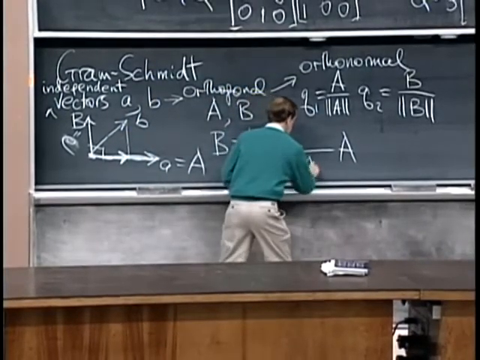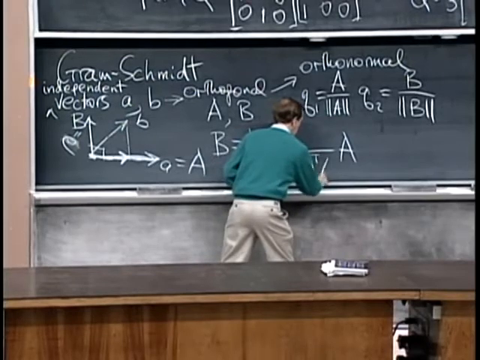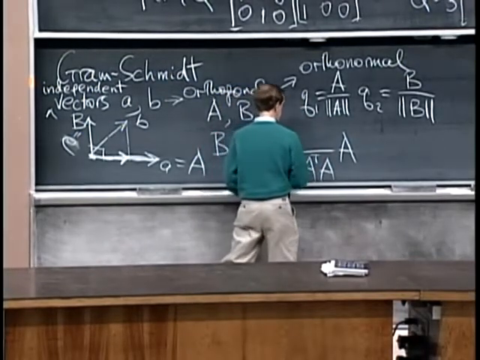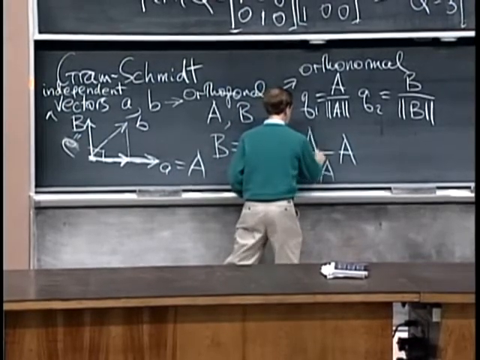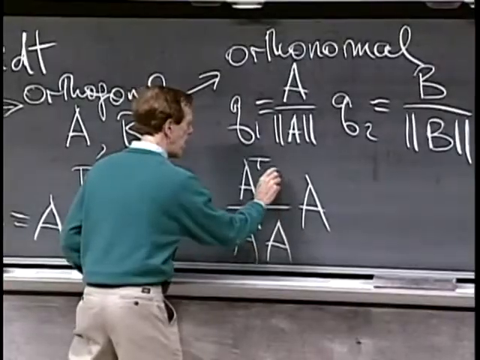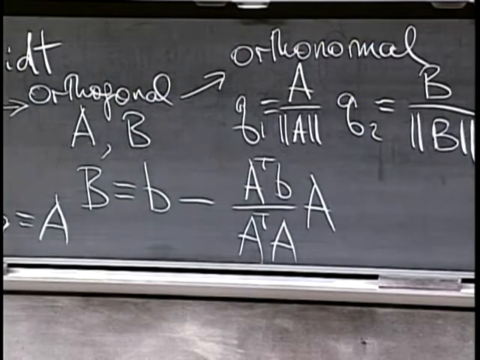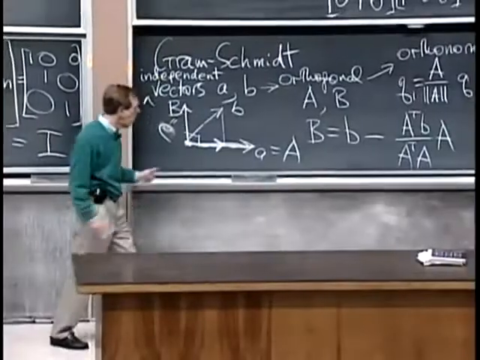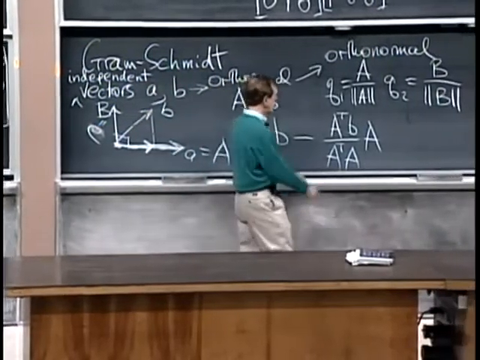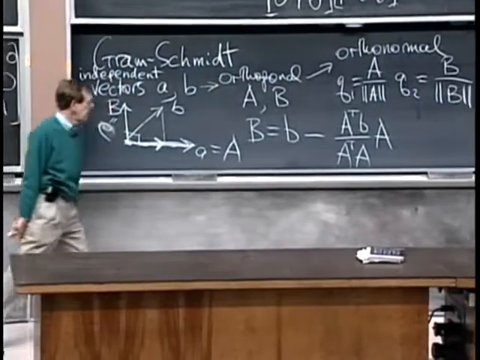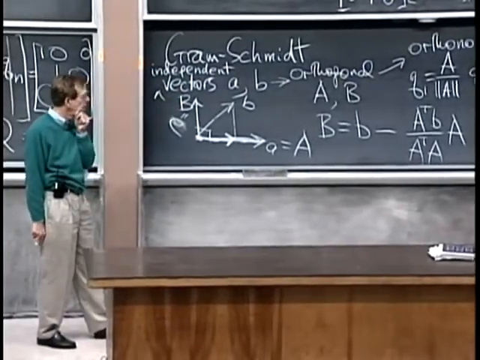There's an A transpose A in the bottom, and there's an A transpose B. Isn't that it? I think that's Gram's formula, or Gram-Schmidt. No, that's Gram. Schmidt has got to divide the whole thing by the length, so his formula makes a mess which I'm not willing to write down.